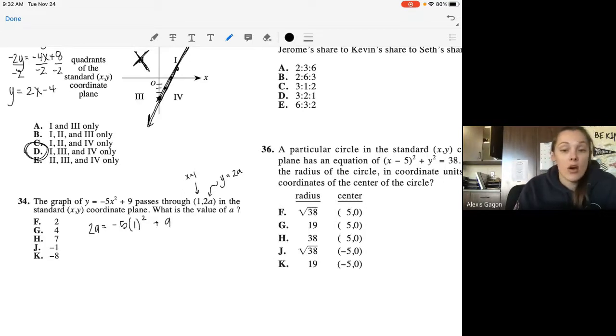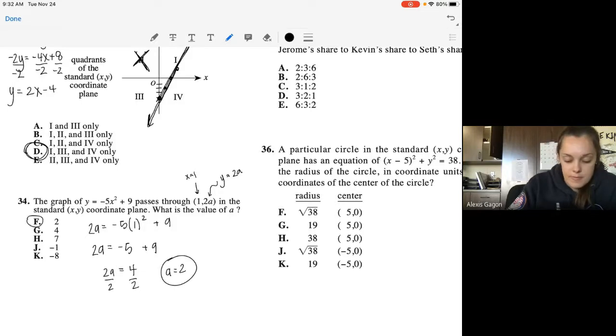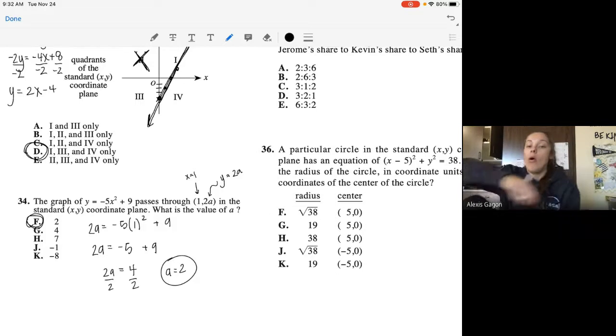And now I can solve this for a. So 2a equals, 1 squared is 1, so 1 times negative 5 is negative 5 plus 9, which is 4. Divide by 2, so a must equal 2. Questions with that?